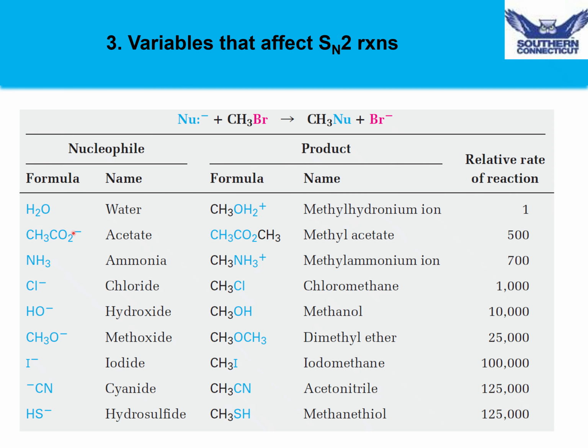The acetate ion, due to the fact that there is resonance stabilization of that negative charge across these two oxygens, is not as good of a nucleophile as, let's say, the OH group or the OCH3 group.